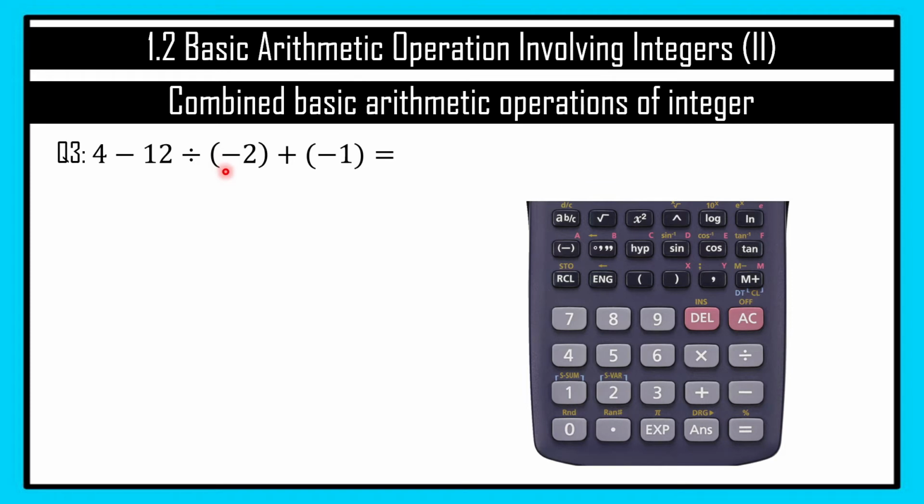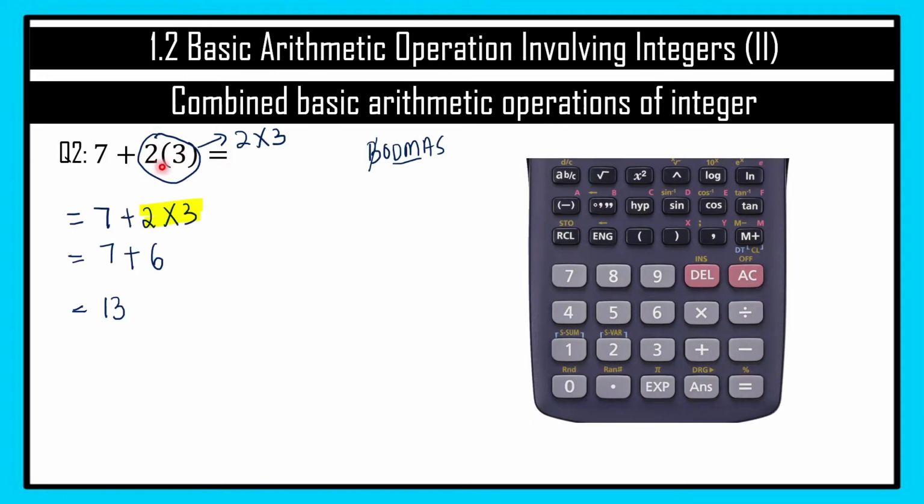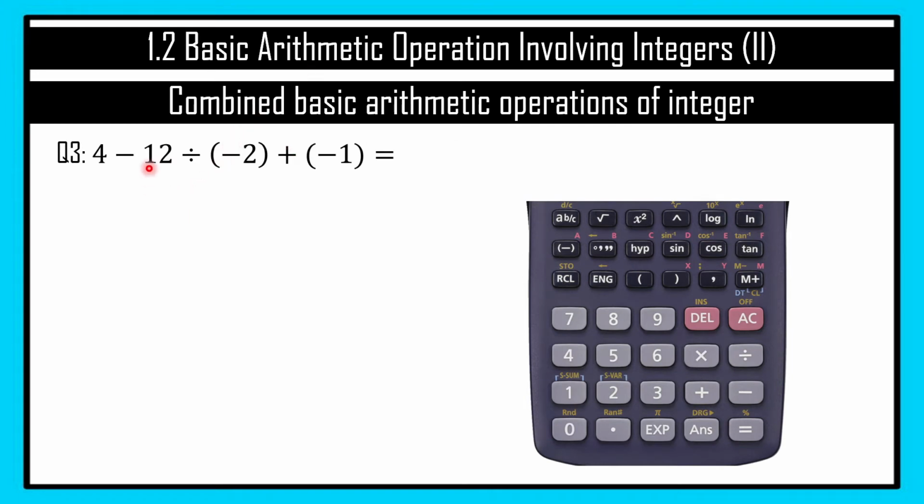So make sure you don't confuse 2 bracket 3 as in 2 multiply 3 with this one, which is 12 divide with bracket negative 2. There is an operation in between these two numbers, and this bracket doesn't have any other operation in the bracket.